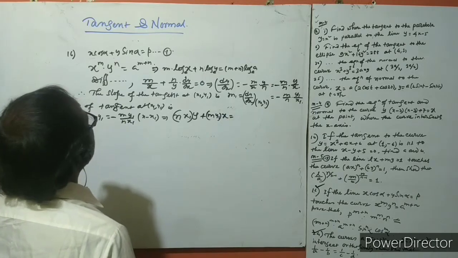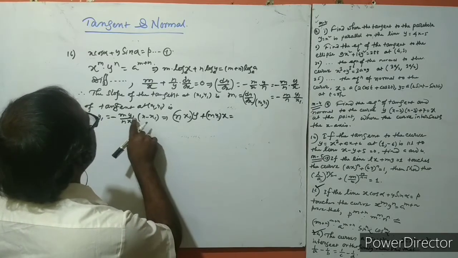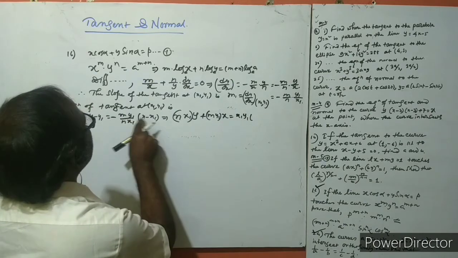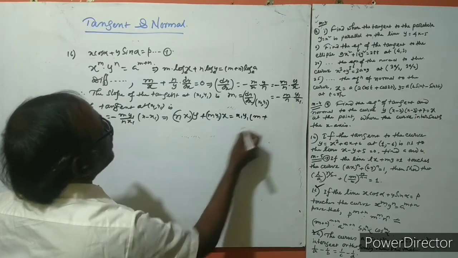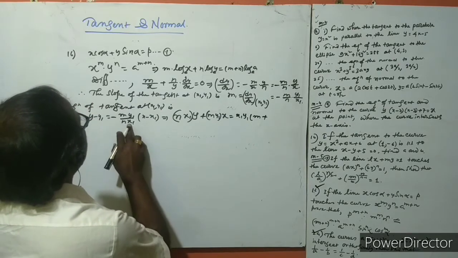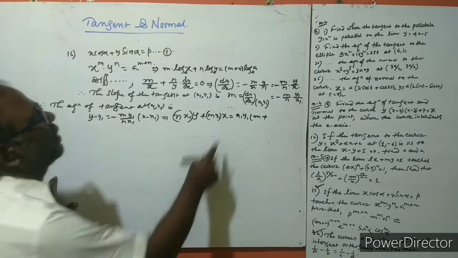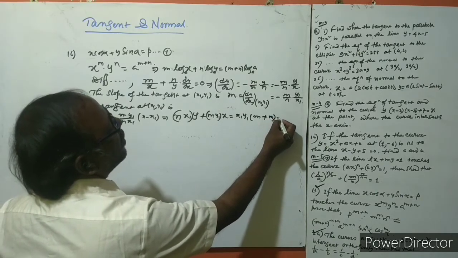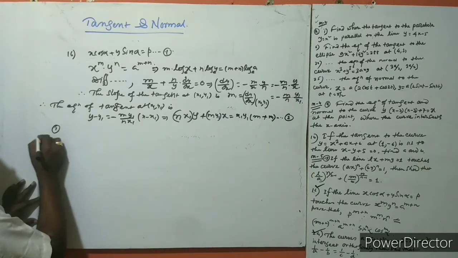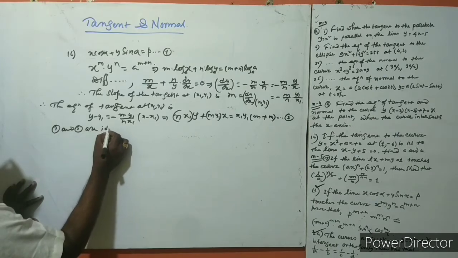Taking x1 y1 common, this is equal to, on the right hand side, m plus n into x1 y1. This is equation 2. So 1 and 2 are identical.